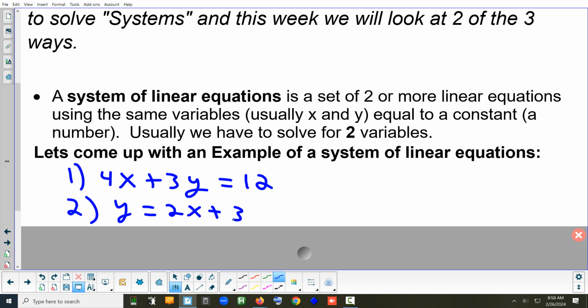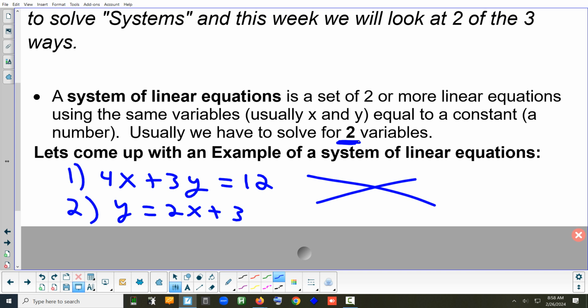Now the way we would solve it is we would graph the top one, we'd graph the bottom one, and once we do that, we'd have two lines. And the goal was to figure out where they cross. But that's an example of what we call a system. You have to solve for the x, and you have to solve for the y. So the goal is to find two answers.